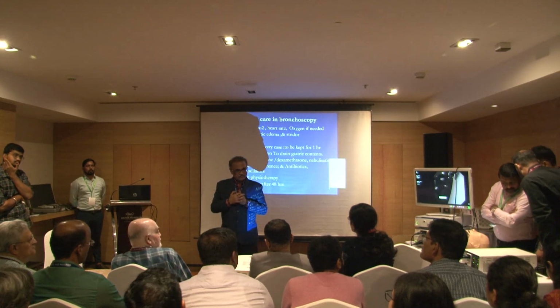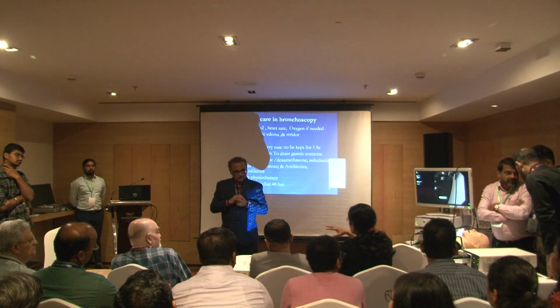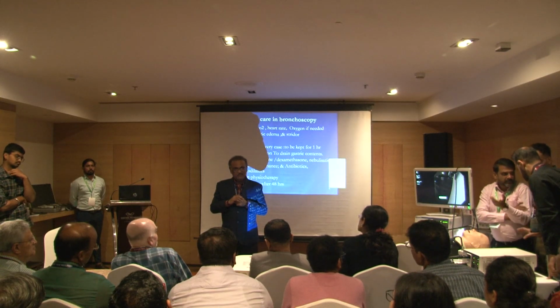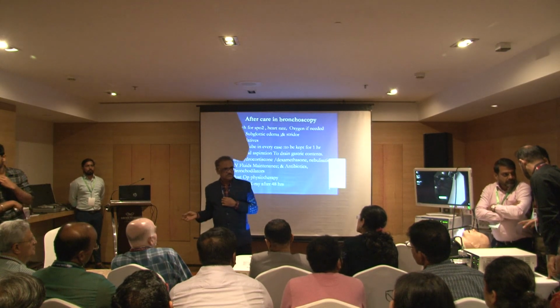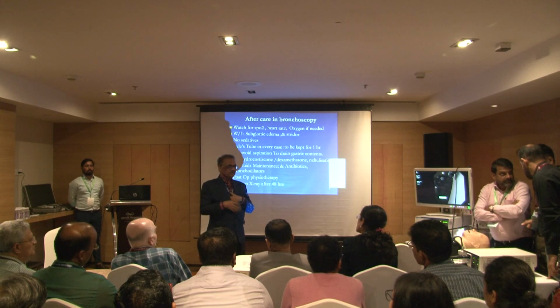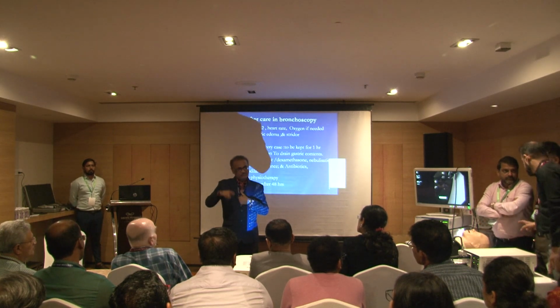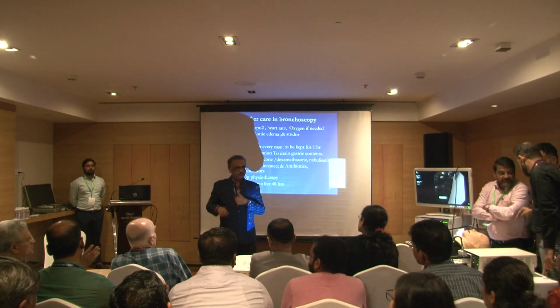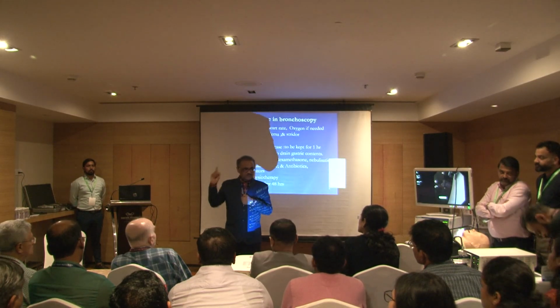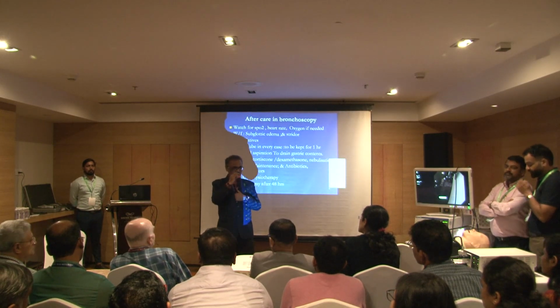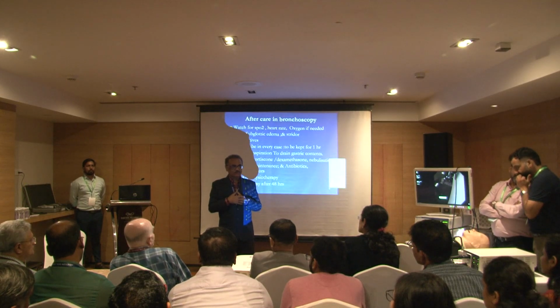Sir, what are the limitations of rigid bronchoscopy over the flexible one? This has different implications. Foreign body bronchoscopy in a child is always rigid because you cannot do it with a flexible scope.